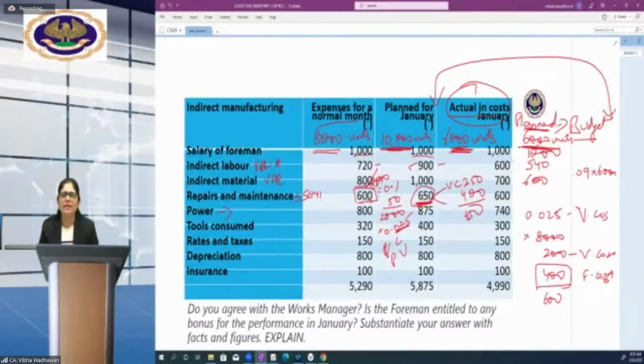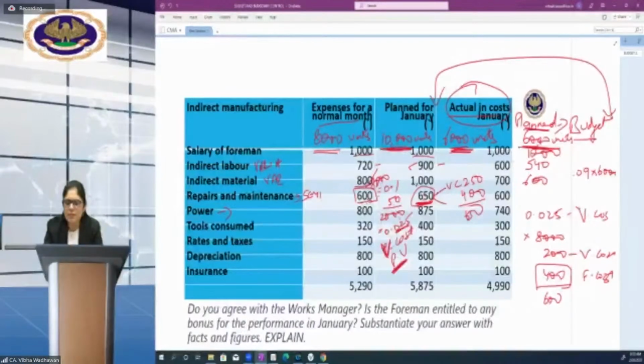How to find out the variable proportion: the difference between both the costs and the difference between both the units. So 50 divided by 2,000, 0.025 is the variable cost per unit. Clear? Multiplied by the respective units, you will get the variable cost.